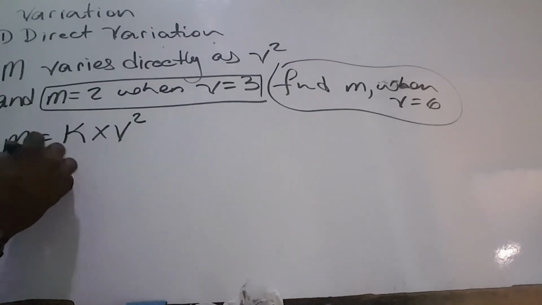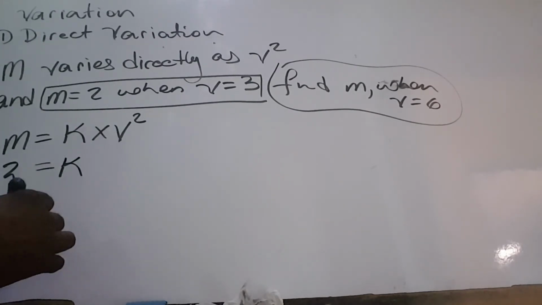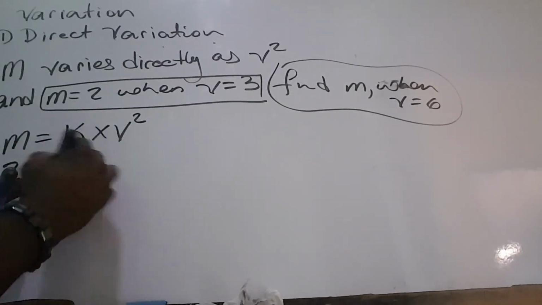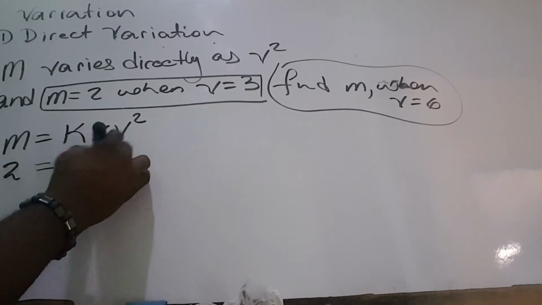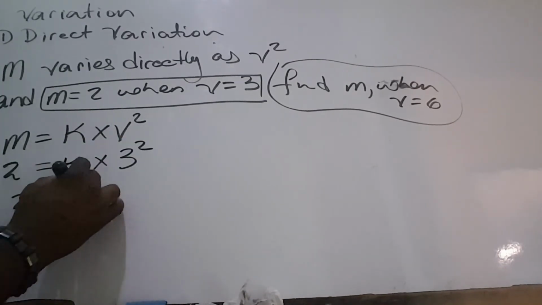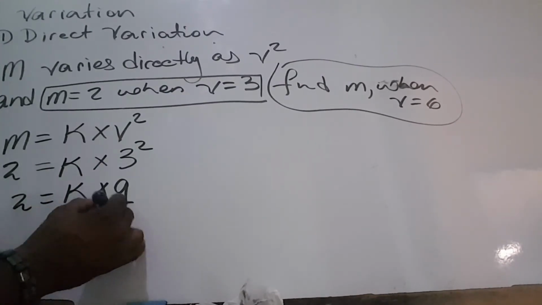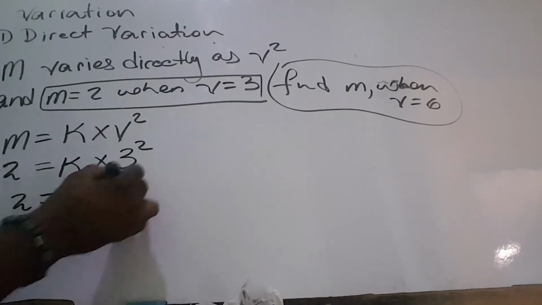So m, which is 2, is equal to k times v squared, which is 9. So we're looking at 2 is equal to k times 9. So k is equal to 2 over 9.